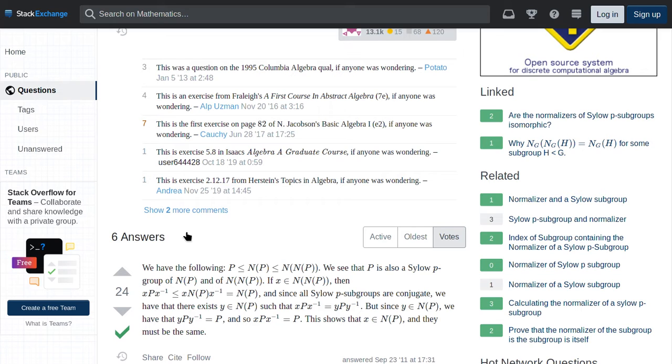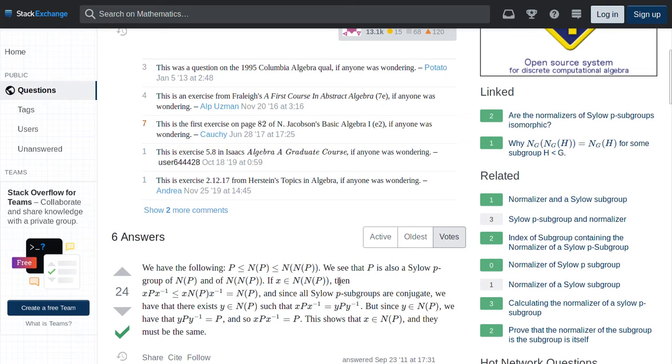He says xPx inverse, the conjugate with respect to x, is a subgroup of the conjugate of the normalizer with respect to x, and that is equal to the normalizer because that's what the normalizer is. Okay, no, that's because the normalizer is the normalizer of the normalizer. Wait, N of P is in the N of P, right? And we're taking x from there, so this turns out to just be N of P. Okay.